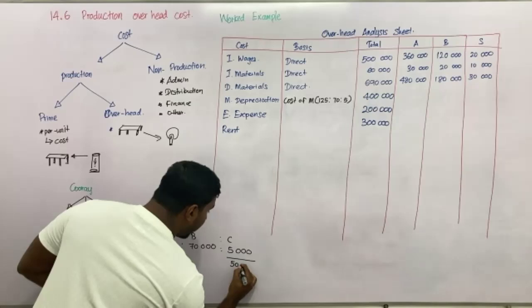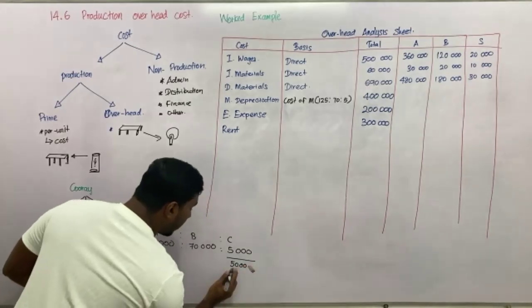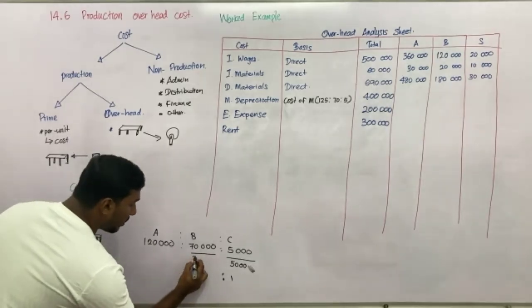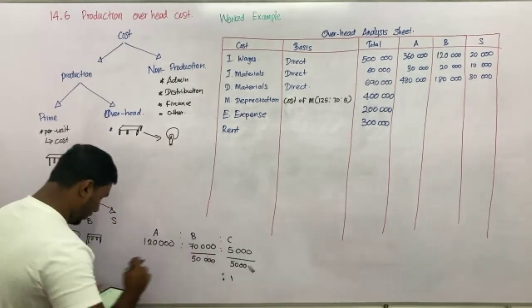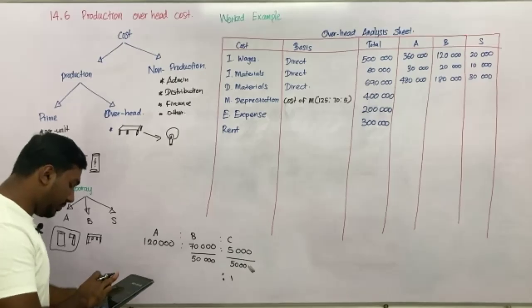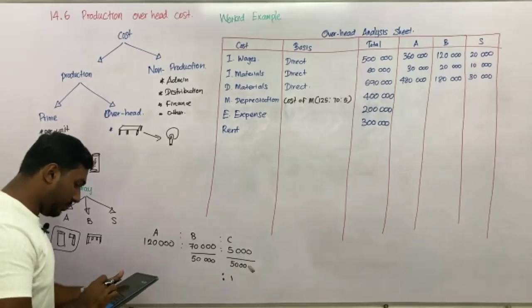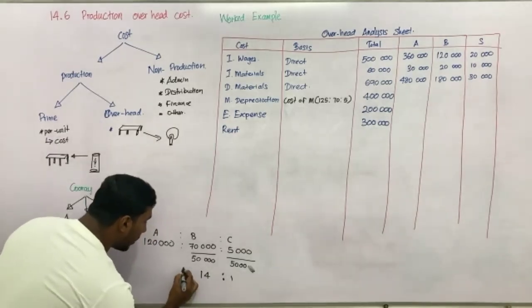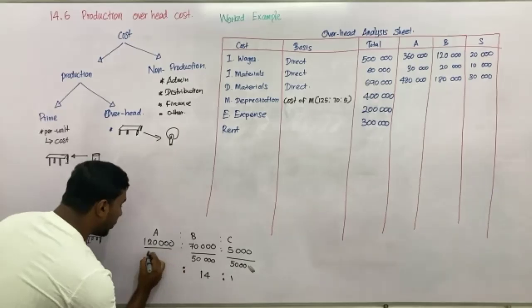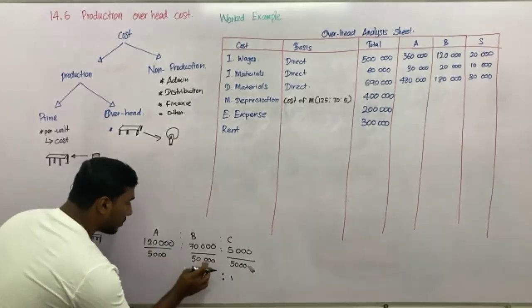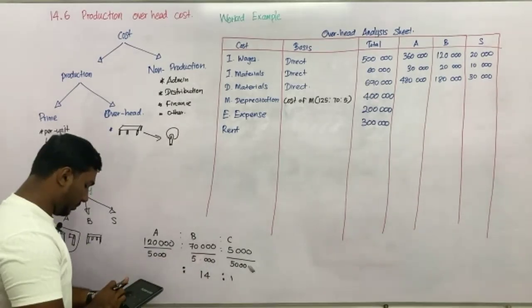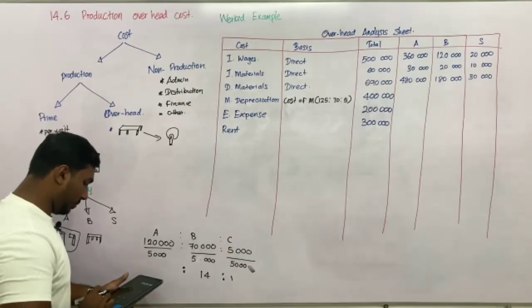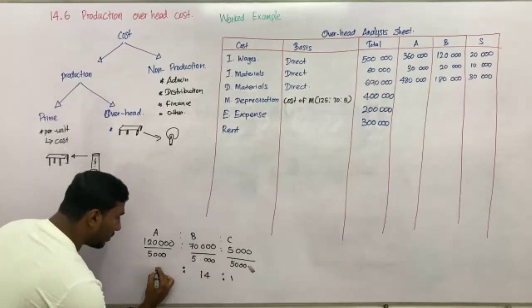So 5,000 divided by 5,000 is 1. 70,000 divided by 5,000 is 14. 120,000 divided by 5,000 is 24.